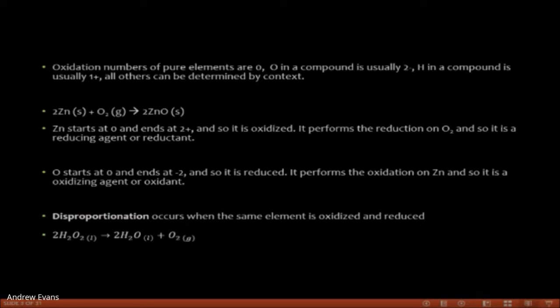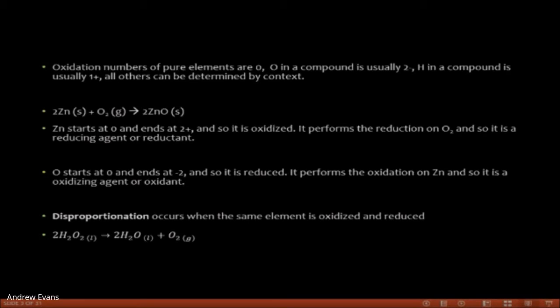Zinc must be performing the act of reduction on oxygen. So it can be referred to as a reducing agent or a reductant. The guy who gets oxidized reduces something else. So we can call it a reducing agent.